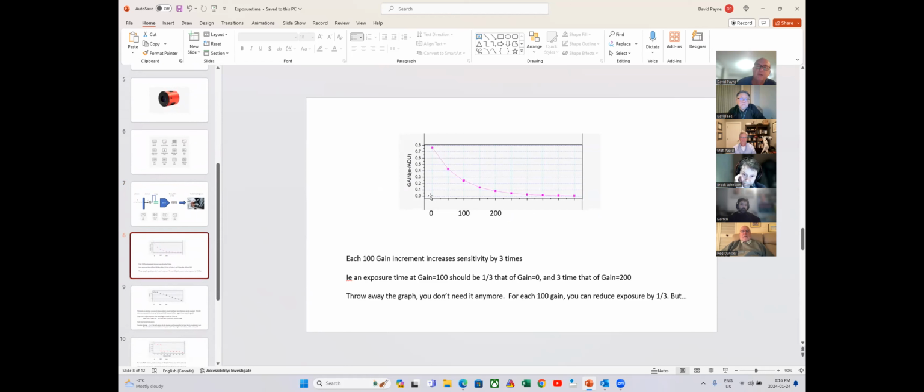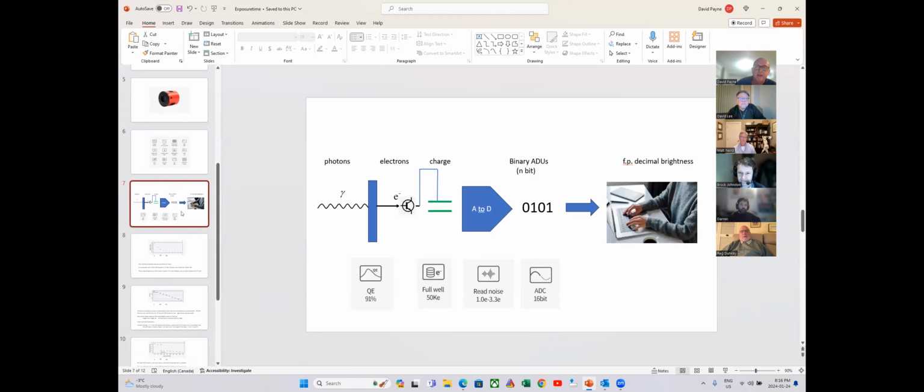So for this particular camera, it's saying that at 0 gain, after it goes through this multiplier, for each 0.8 of electron, or for each photon that generates an electron, that will result in 1 over 0.8 times electrons that are going to use this charge. So it's like a little bit of a signal boost. It's not 1-to-1 across. It's slightly better than 1-to-1.